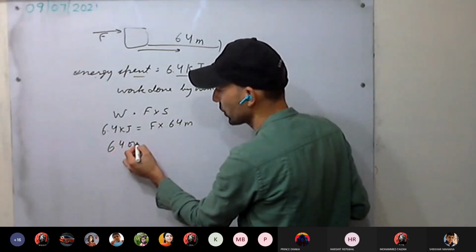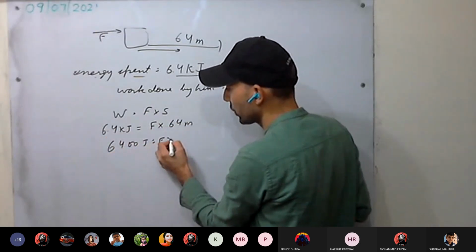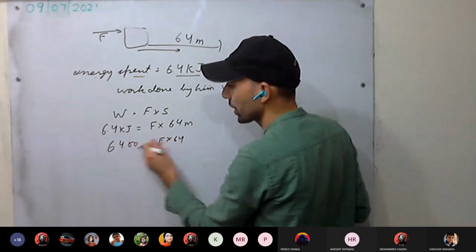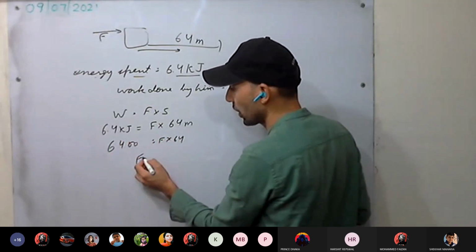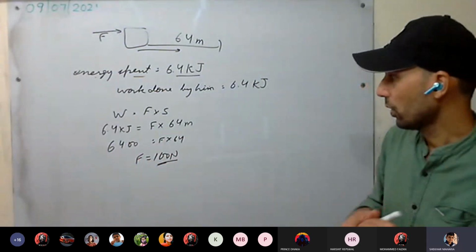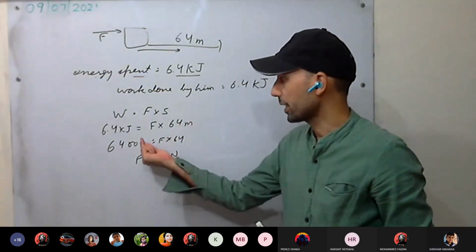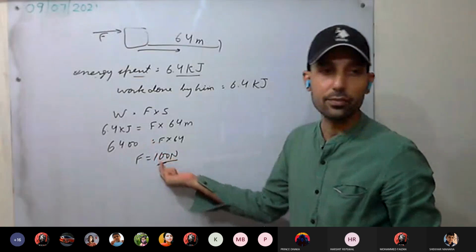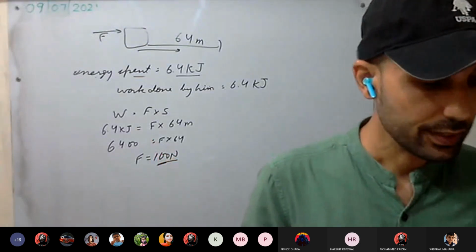It will be 6400 joules equal to F into 64. You can remove the unit. F equal to 100 Newton. Joule per meter, that is Newton meter divided by meter, will get Newton. Understood this one?